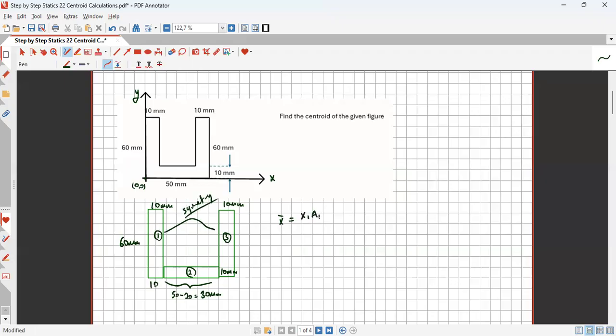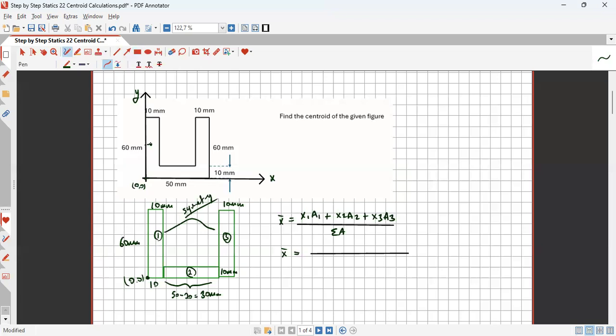x1 times a1 plus x2 times a2 plus x3 times a3 over total area. Here is origin 0, 0. The first shape has an area a1 equal to 60 times 10. It means 600.